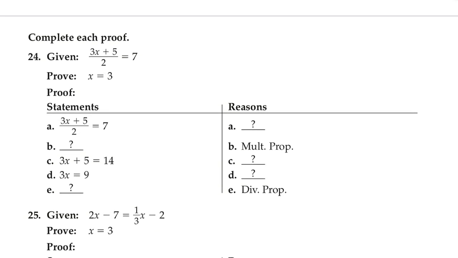So we start with the given, always. Okay, what lets us do the multiplication property? I'm guessing they got rid of the 2 there on both sides. So they just wrote it, okay? And then the next step, they actually did it. Man, how did they do that? Okay, well, let's just write it. 2 times (3x plus 5) over 2 equals 7 times 2.